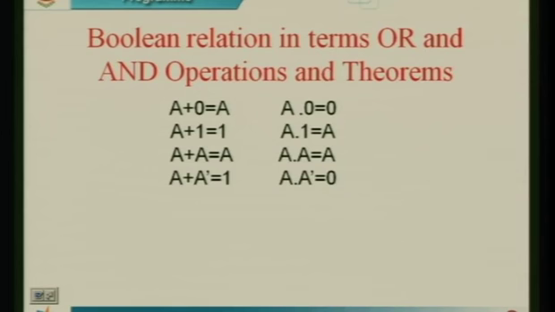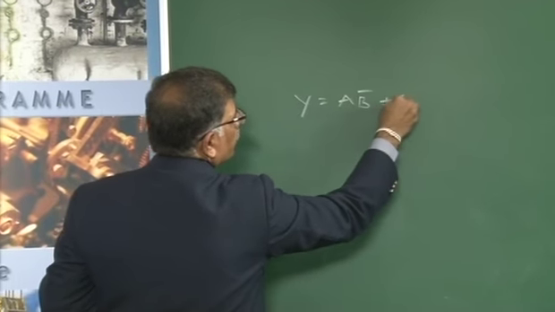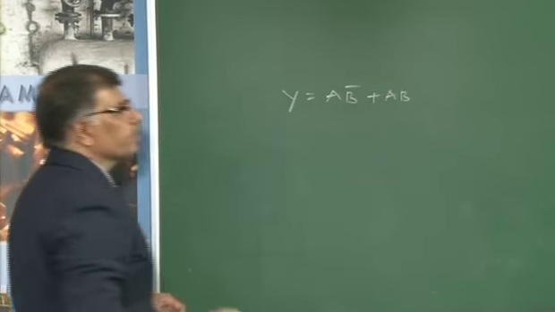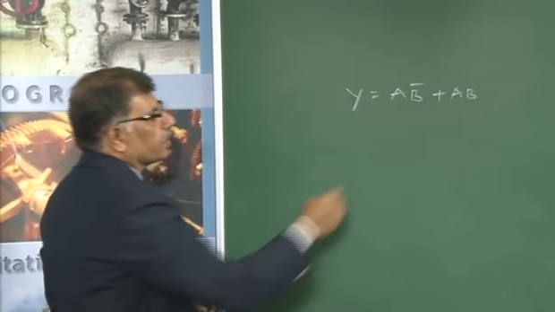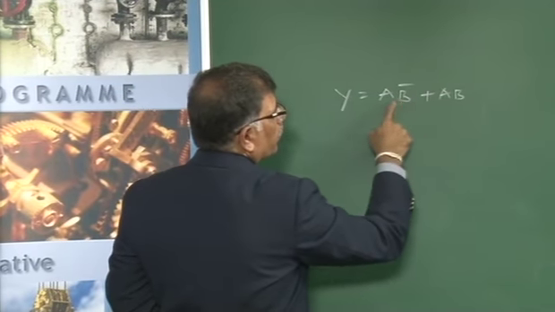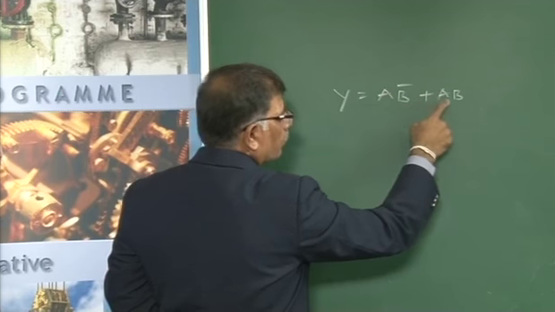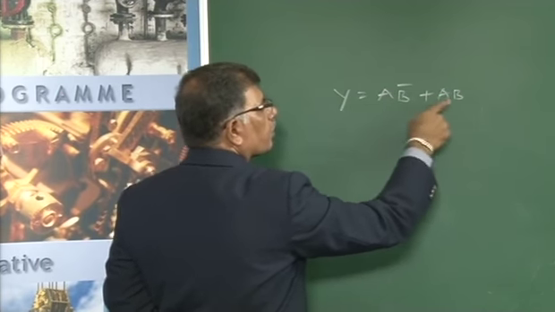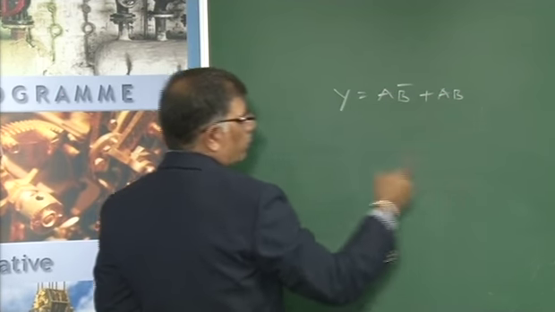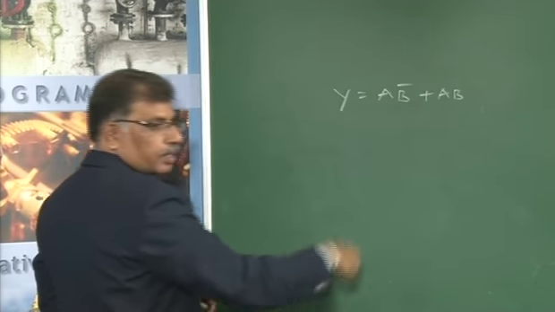Say I will take a first example. Let us see how we can simplify this: Y is equal to AB bar plus AB. Simplifying here means finding two product terms from which you can take a common factor, so that the result corresponds to one of the theorems and laws you have studied.